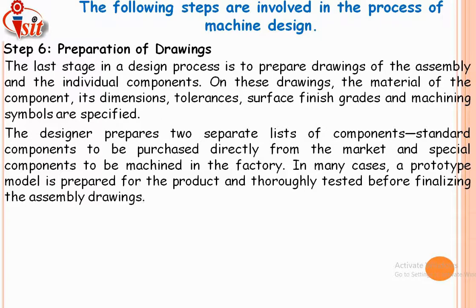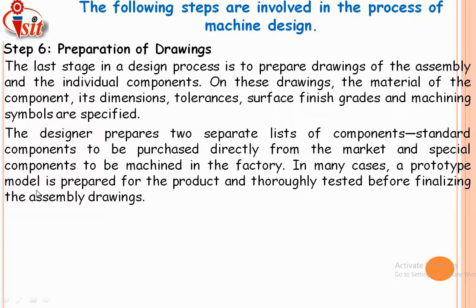In consideration of the design, we have seen one parameter, that is the cost of standard parts, use of standard parts. Now when you are preparing the drawings, if there is availability of the standard parts in the market, you can directly purchase those standard parts from the market, and if you require some special parts for assembling purposes, then the special components are machined in the industry itself.